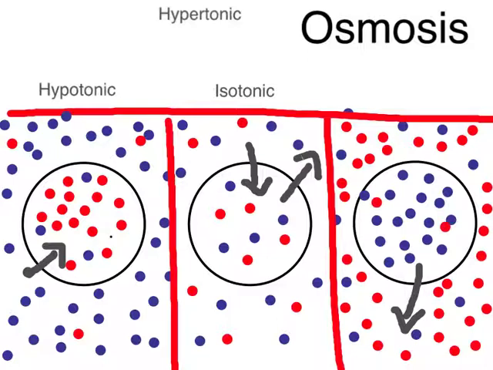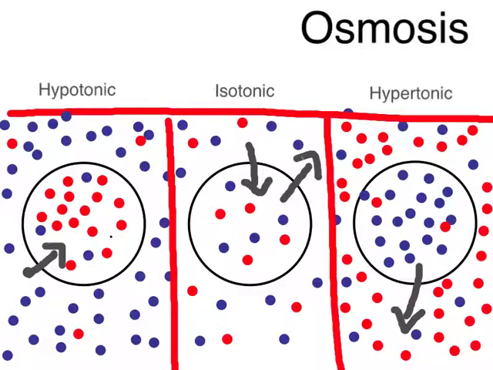So the concentration of salt outside the cell is much greater. We call this a hypertonic solution. Hyper meaning above or more. There is more stuff outside the cell than there is inside the cell.